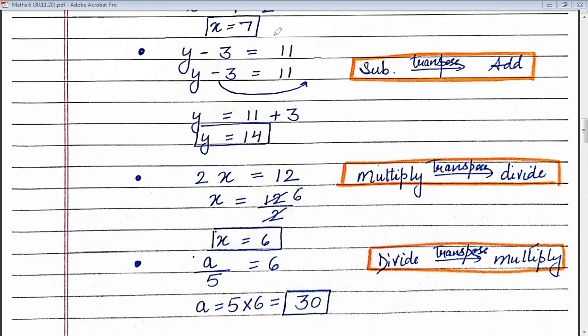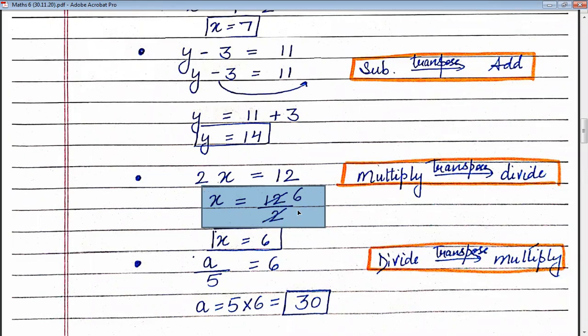So now let's have a look on the next statement. Your 2 will go that side, means right hand side, and it will become divide. So 12 divided by 2 is equal to 6.